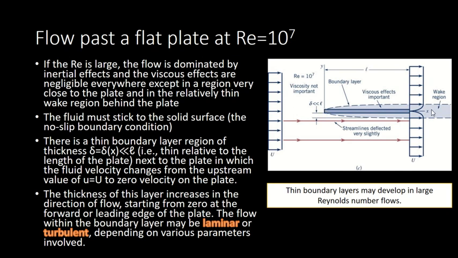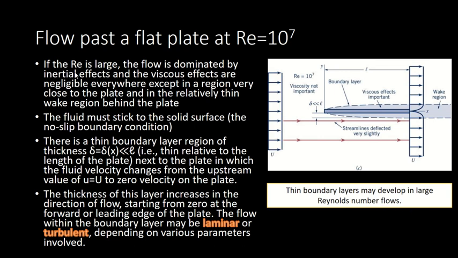The wake region still exists, but the top and bottom are much smaller than for Reynolds number 10 and Reynolds number 0.1. So it means that as we increase the Reynolds number to a very high value, a thin boundary layer may develop in large Reynolds number flows.